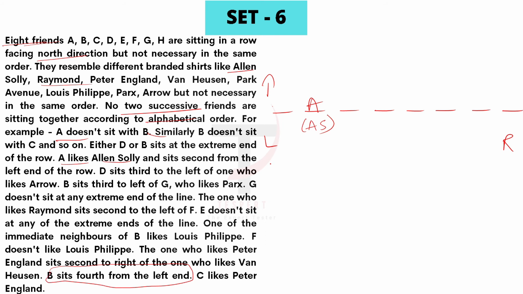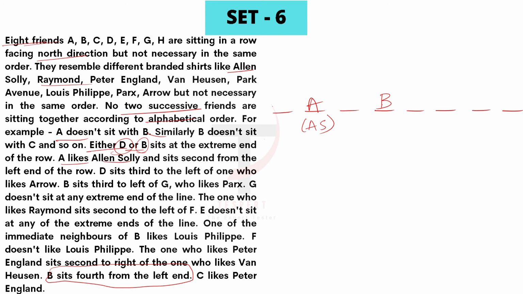So this is the left end, this is the right end, and B sits fourth from the left end: first left, second left, third left, fourth left. So B must come here. So the position of B is here, and it is also given that either D or B sits at the extreme end of the row.